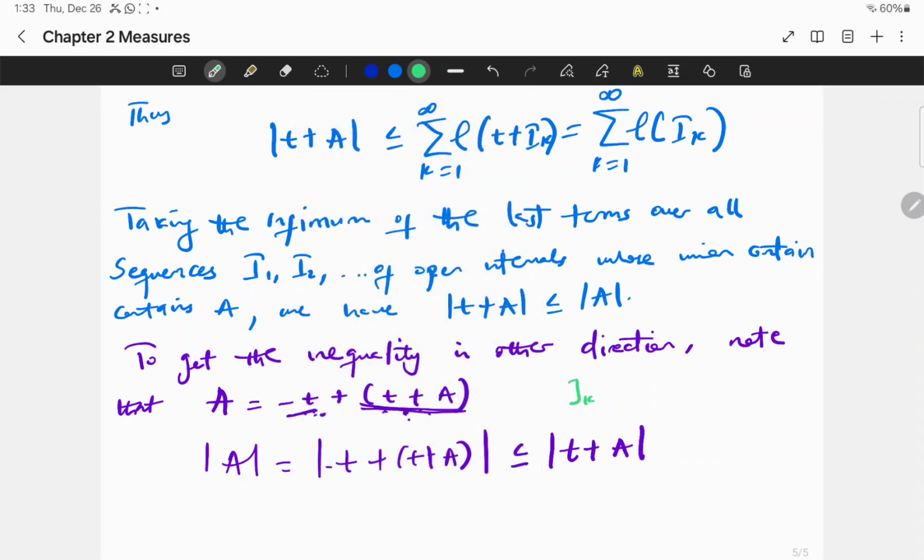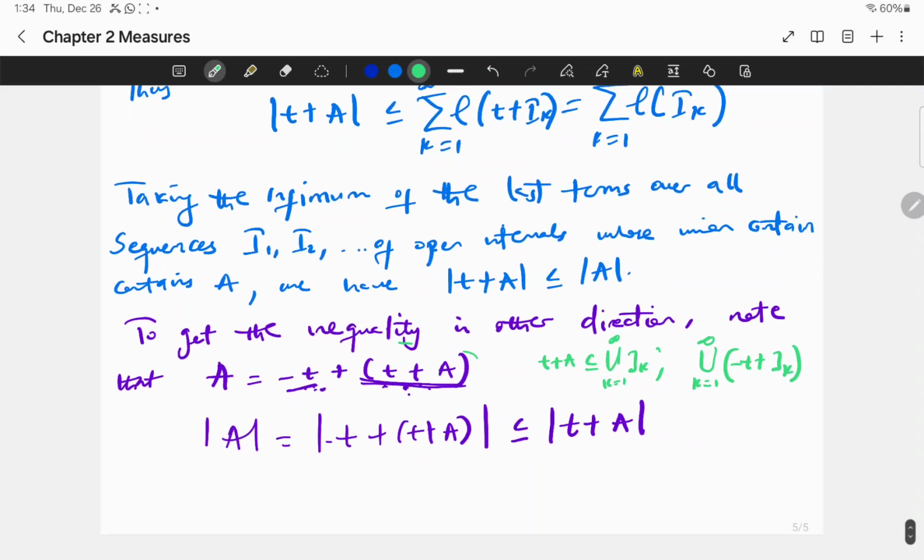If you take Jk, k equals 1 to infinity, to be open intervals that contain t plus A, then we can define another sequence of open intervals, minus t plus Jk, and this also will cover the whole of A. Then if you follow the same procedure, you get the desired result.